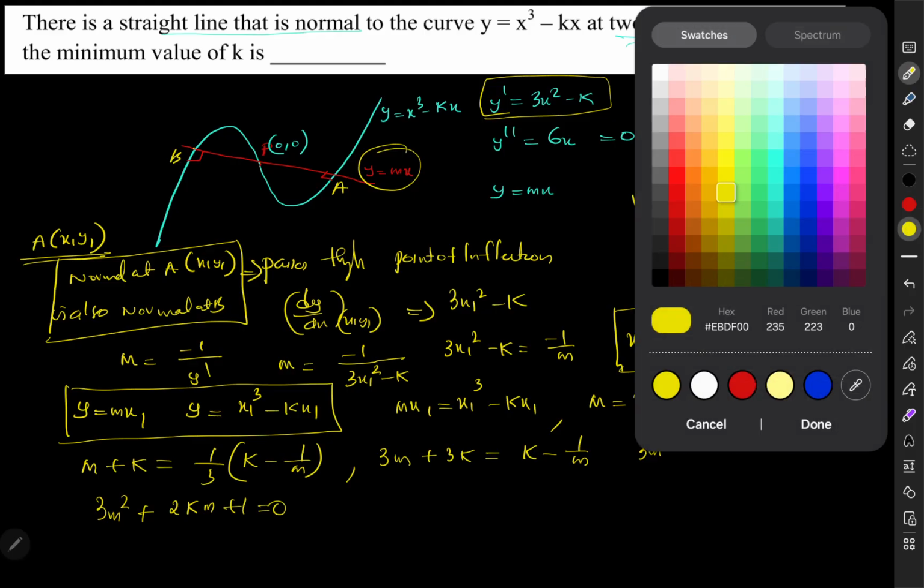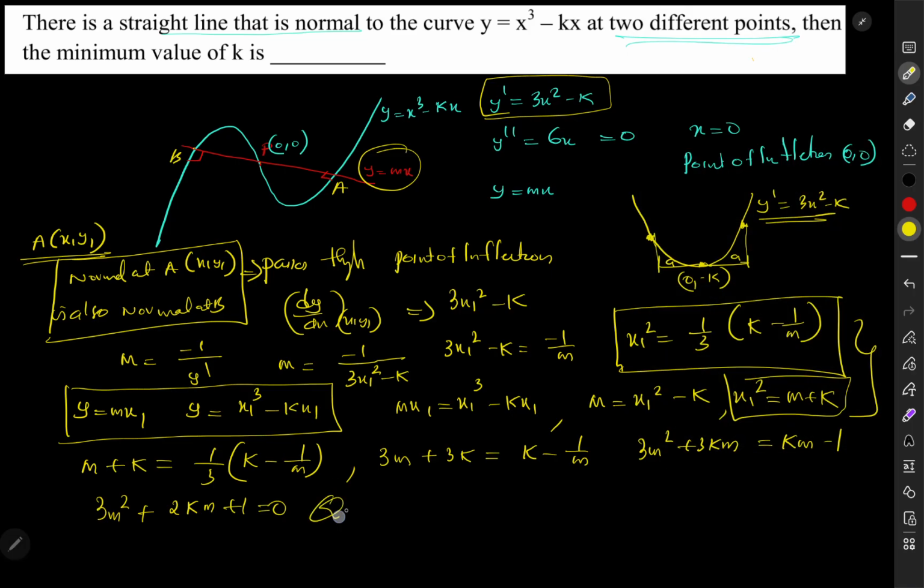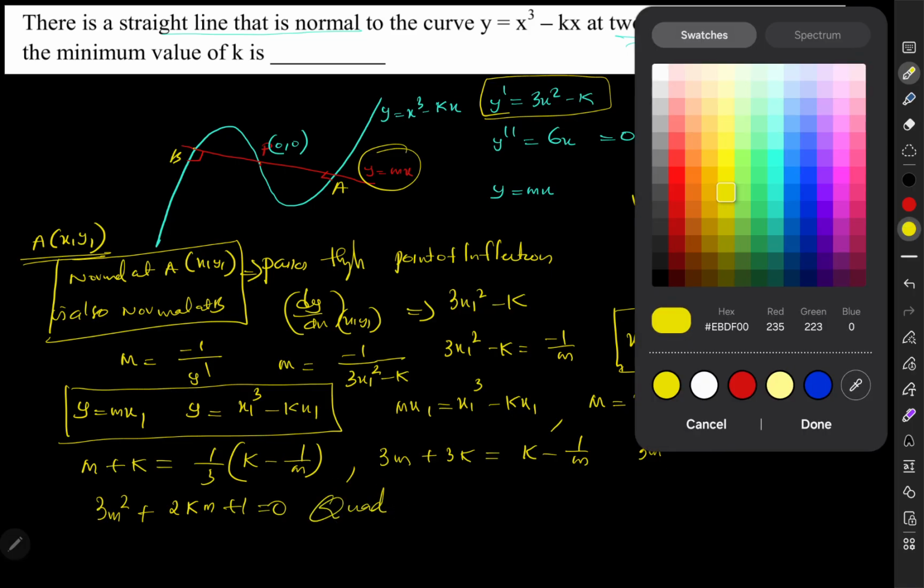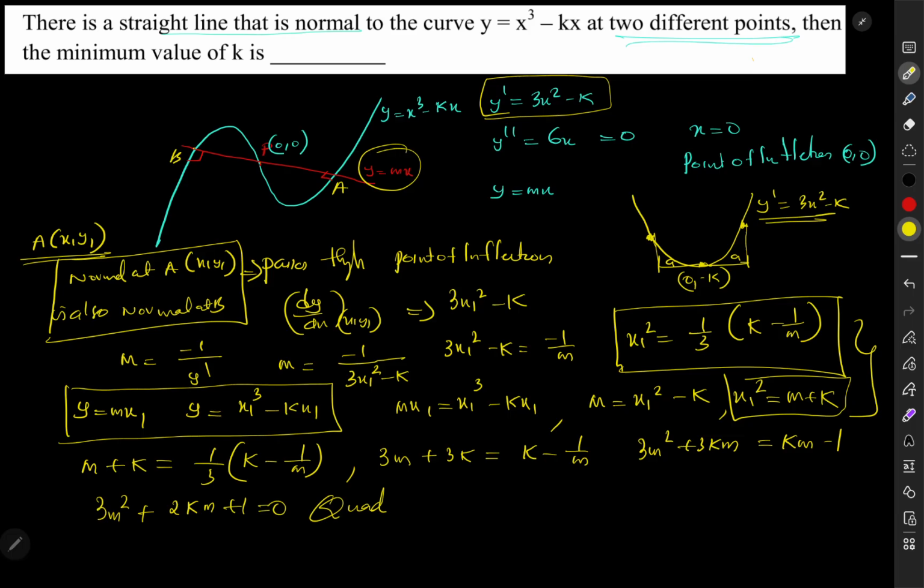Now what is this? This is a quadratic in m, and m is real. So the discriminant will be greater than or equal to 0.